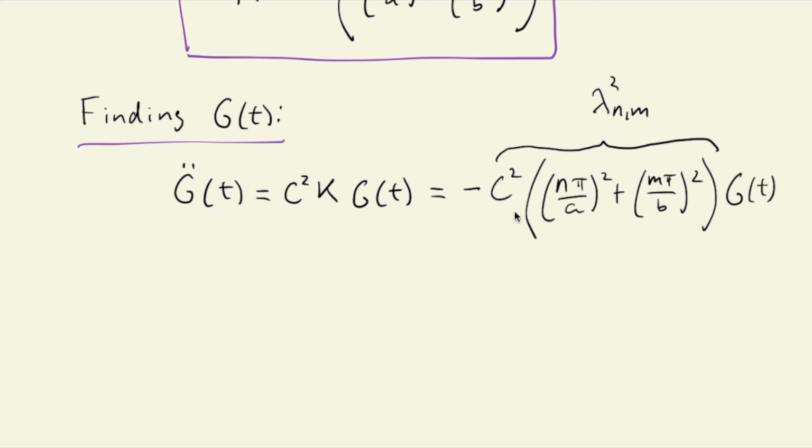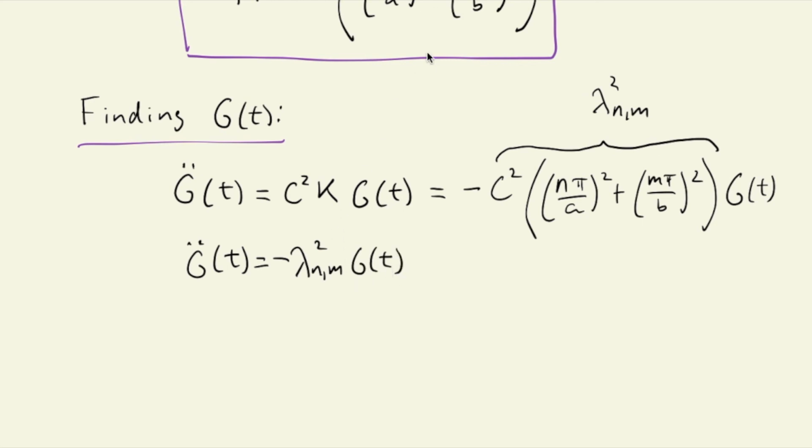Squared, in fact. Let's square it. So c is a positive number, and you just take a square root of this thing. But the thing is that this whole thing is a positive number. The negative sign is out here. And g dot dot is equal to minus lambda n m squared g of t.